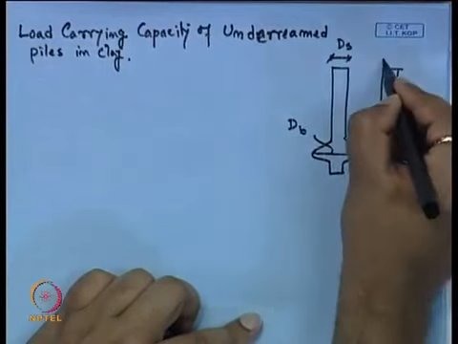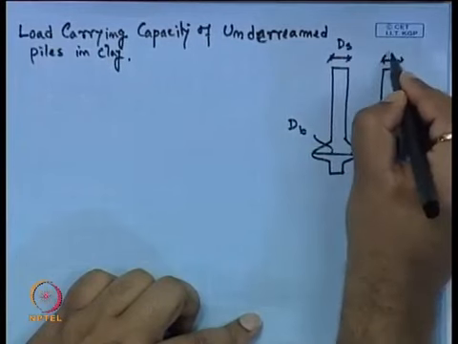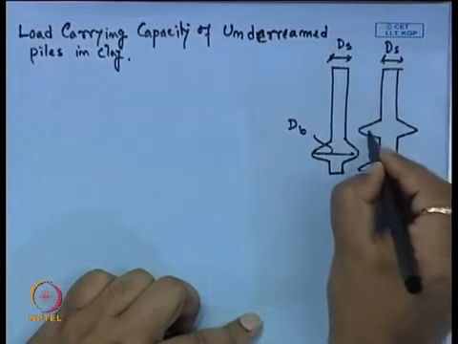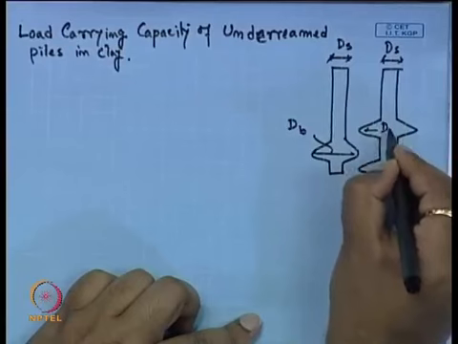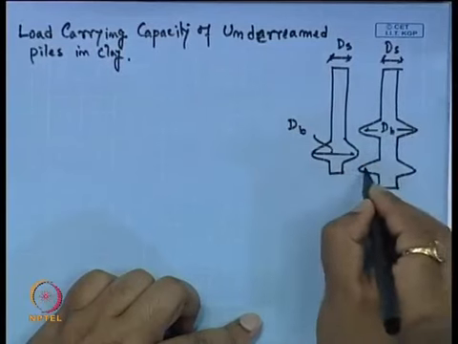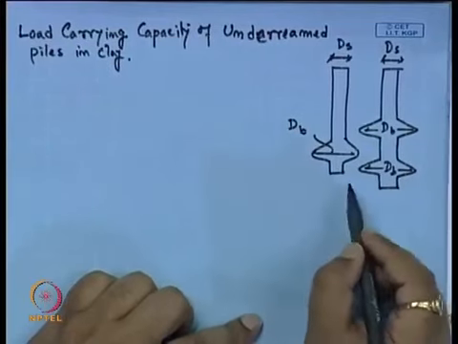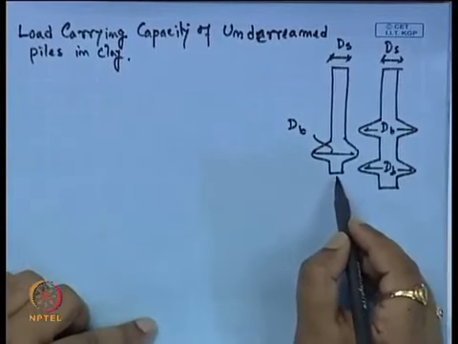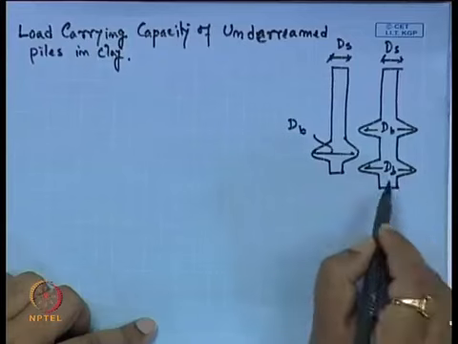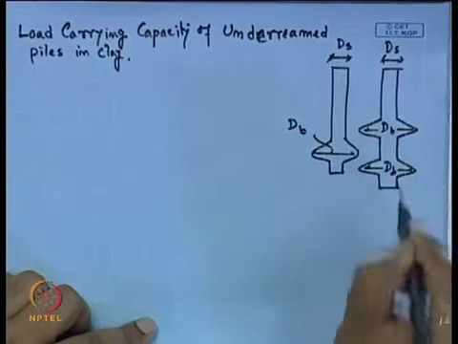Suppose this is again the diameter of the pile shaft. This is the diameter of the bulb dB, and this is again the diameter of the bulb. So, this is a single bulb underream pile, and this is a double bulb underream pile. So, these are the two bulbs.